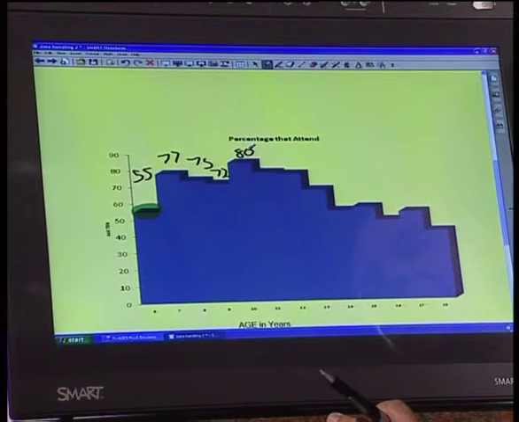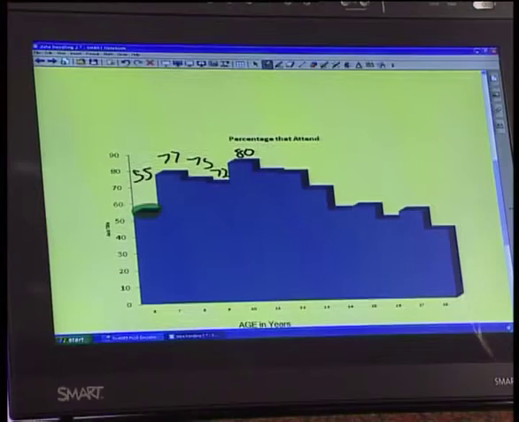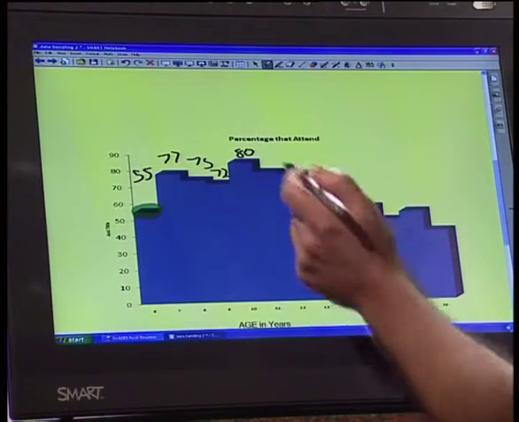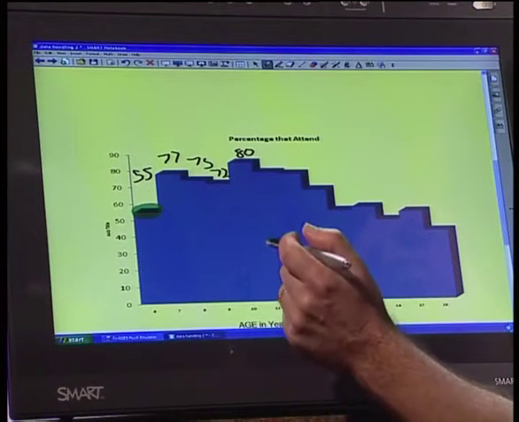Because the data is visual, we can actually see very easily some of the results from this data. For example, if I asked you the question, which age group had the highest attendance? It's very easy to pick that because it's the tallest column.